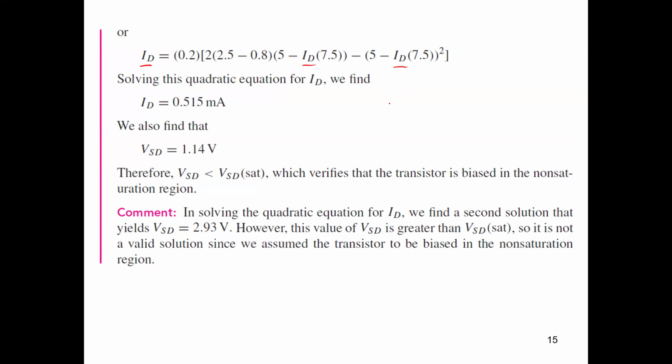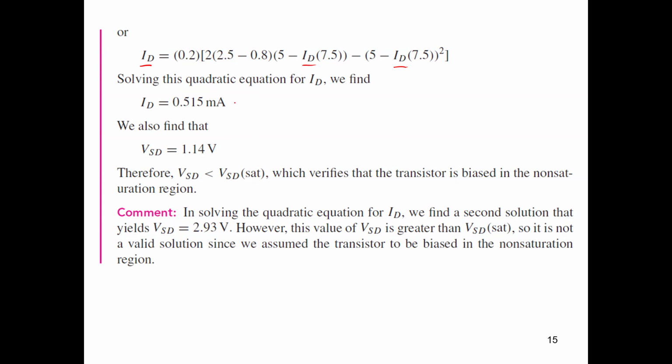So if you solve this quadratic equation, you will get two values. In the textbook here, he solved only one value. Let's continue. You will see his comment here, why he mentioned only one value. Actually, because the other value is not going to achieve the condition.